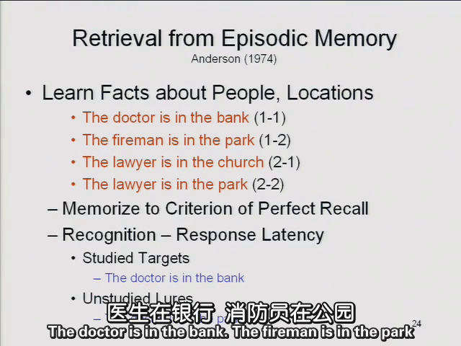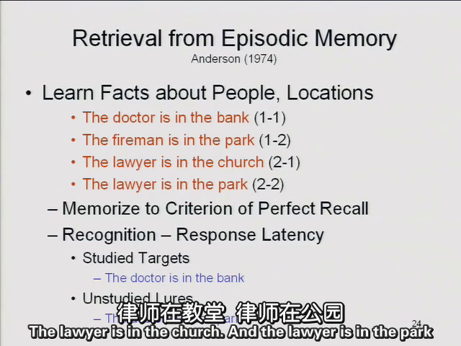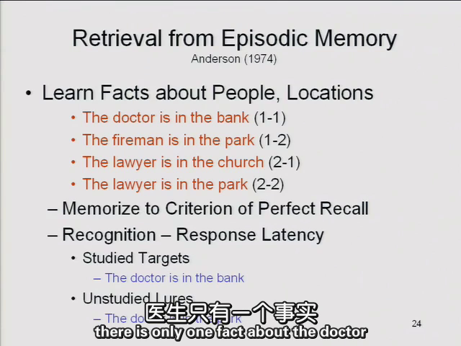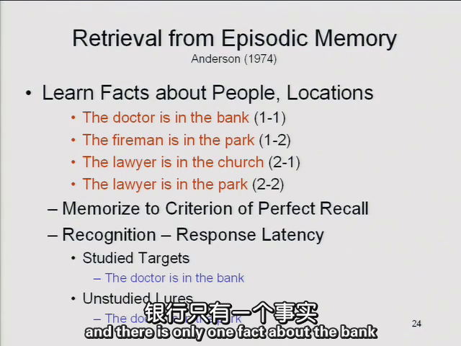The doctor is in the bank, the fireman is in the park, the lawyer is in the church, and the lawyer is in the park. Notice what the structure of this experiment is. There's only one fact about the doctor, and there's only one fact about the bank.